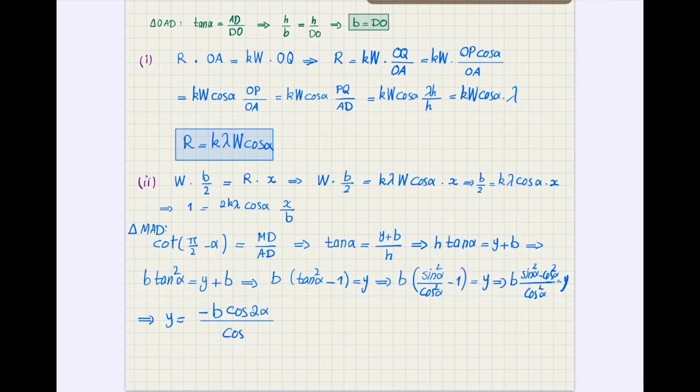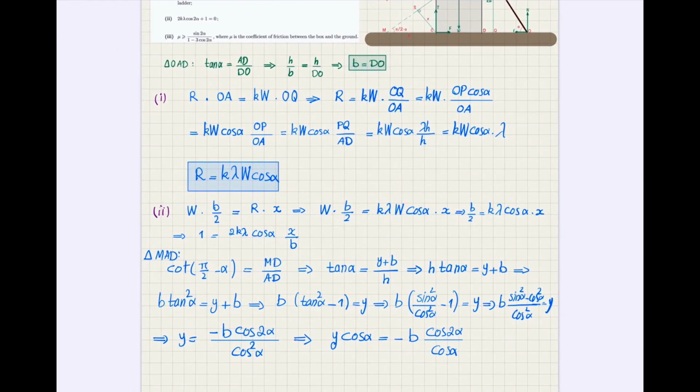Okay, but now what I do, I multiply both sides by cosine alpha. The left hand side becomes Y cosine alpha. The right hand side becomes minus B cosine 2 alpha, but divided just by one single cosine alpha. Okay. The reason that I did this is because I want now to concentrate on this right angle triangle, this small one, MCS.